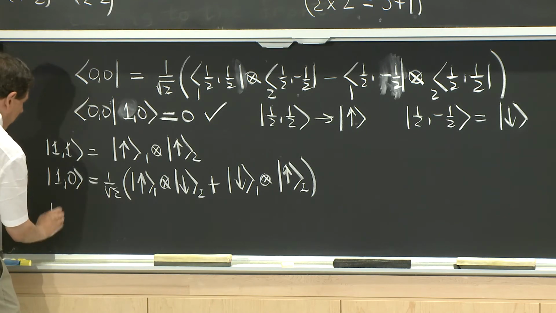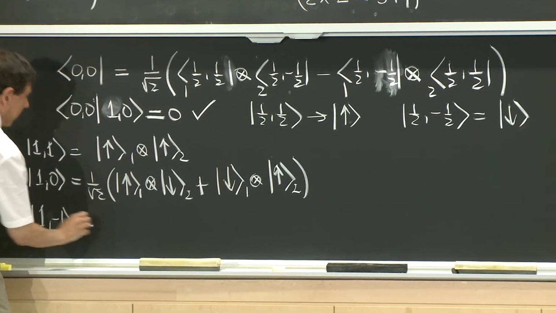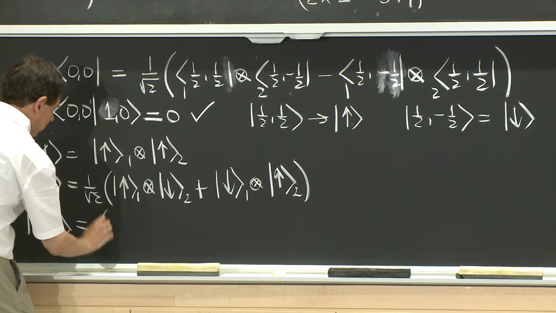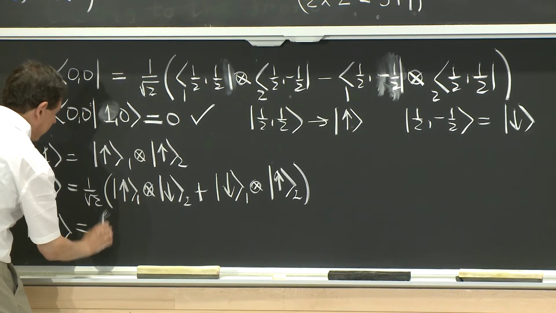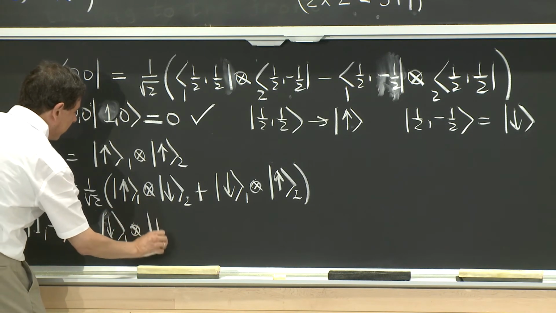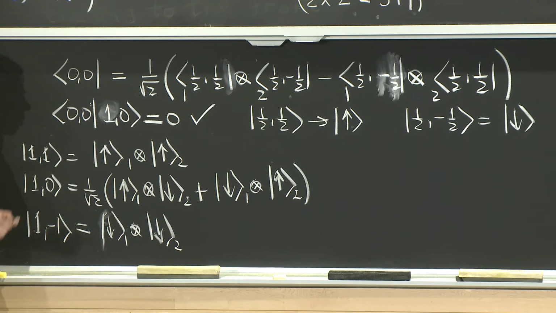Finally, you have the 1, minus 1 state. That would be written as arrow down for the first, arrow down for the second. We could also do this for the singlet state, but let's simplify even further, since it's still writing too much.